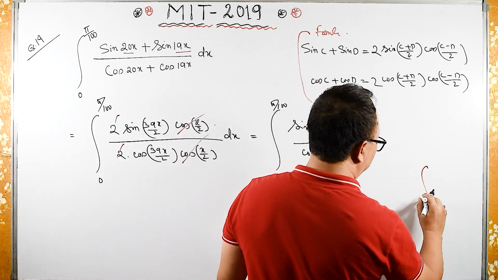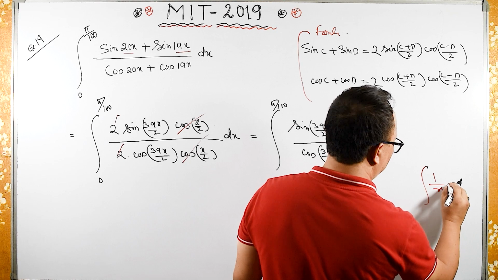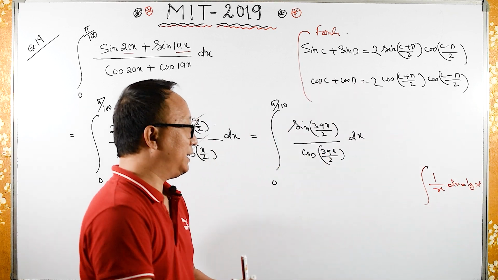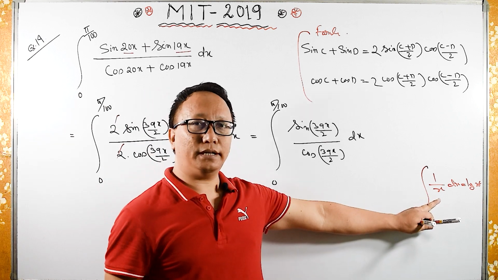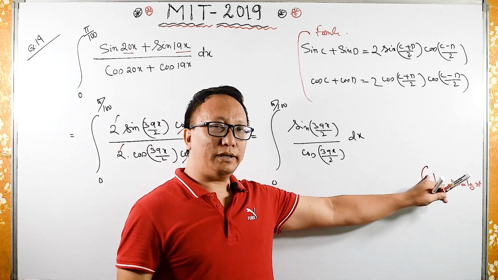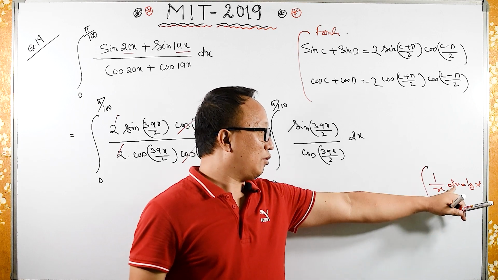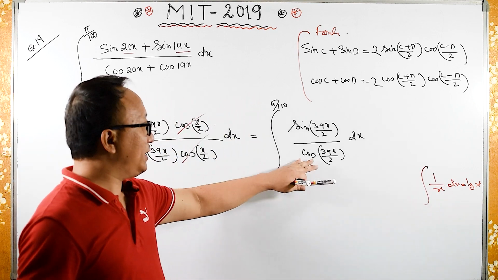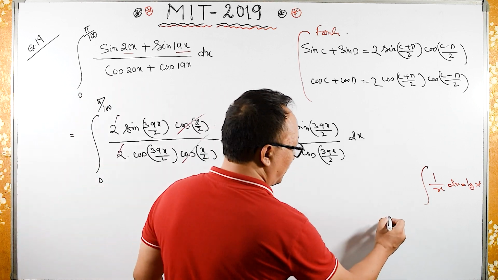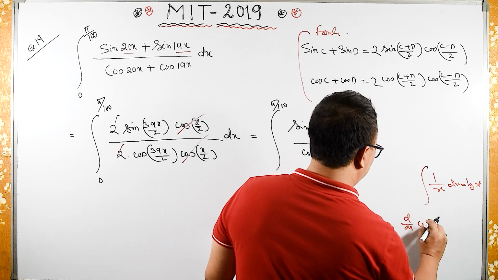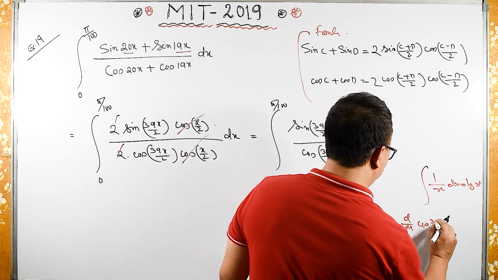We have this formula: integral of 1 by x dx equals log of x plus c. That means if you differentiate the denominator and you get the numerator, then that integral is log of the denominator. What is d by dx of cos of 39x upon 2?